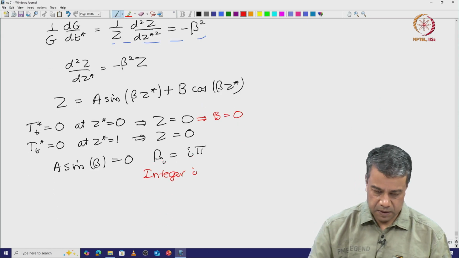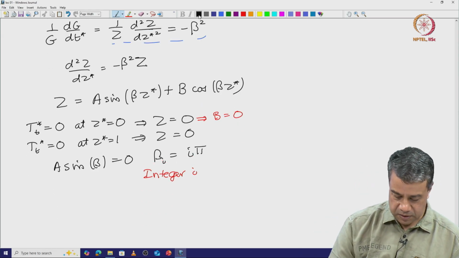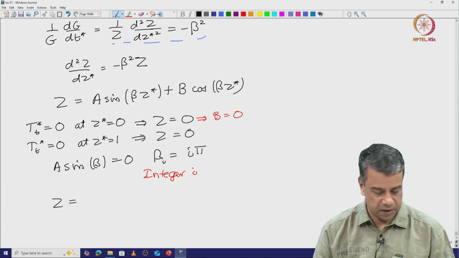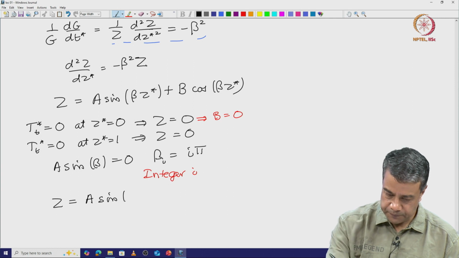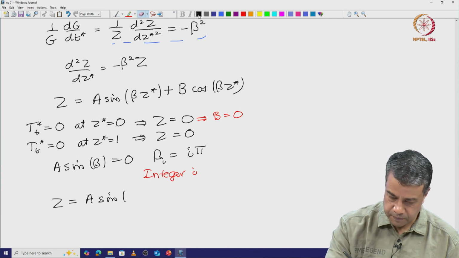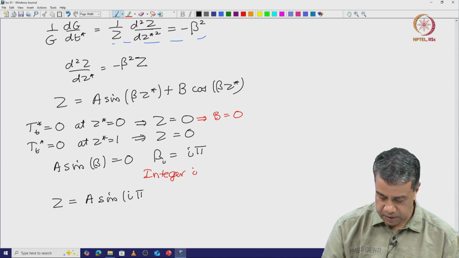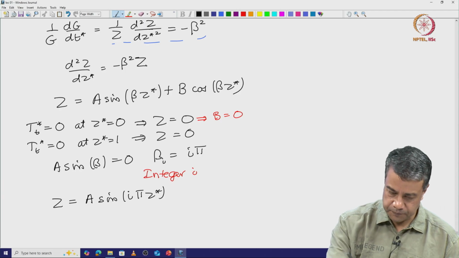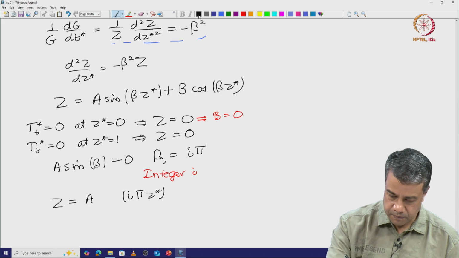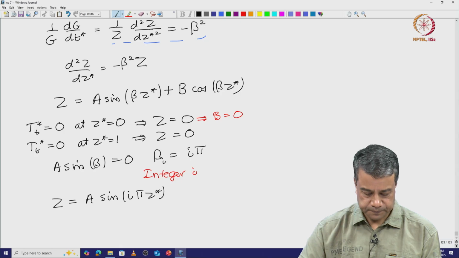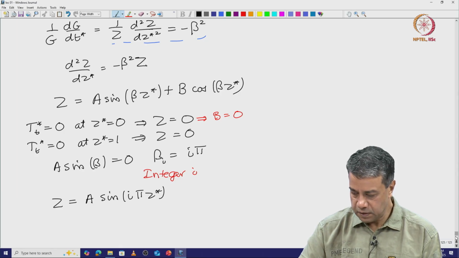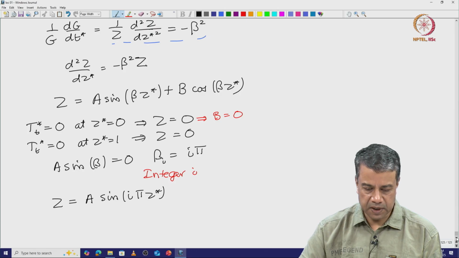With this, the solution for Z that satisfies the boundary conditions becomes A sin of I pi z star. Therefore, beta is equal to I times pi.